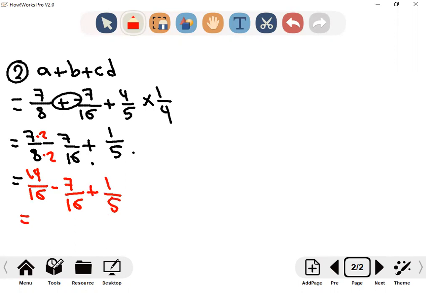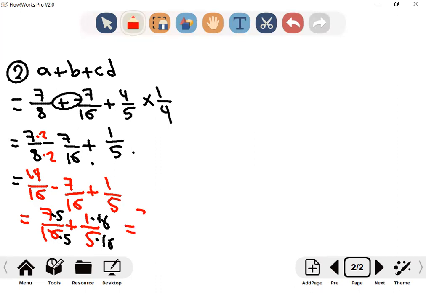Now 14 minus 7, 7 over 16 plus 1 over what? Now 16 and 5: I'll multiply up and down here by 5, and up and down here by 16. Right? Equal.